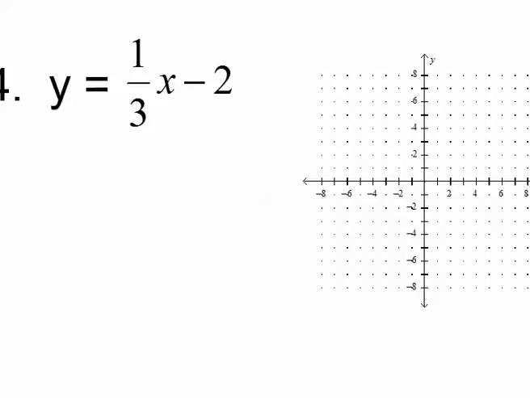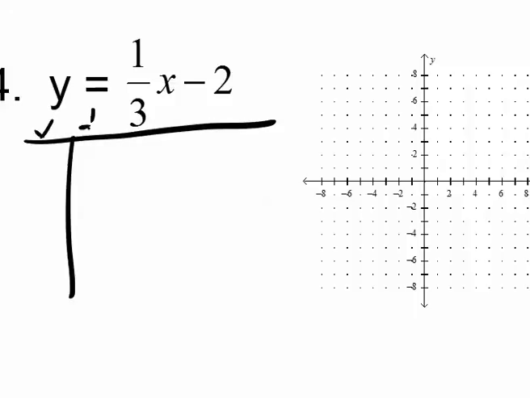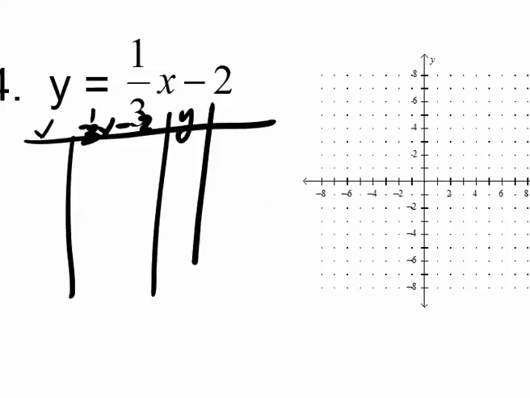Once again, now we have a little more complex one. We're still going to create our t-chart: x, 1/3 x minus 2, y, and then our ordered pairs of x and y. Once again, I would want to choose multiples of 3.